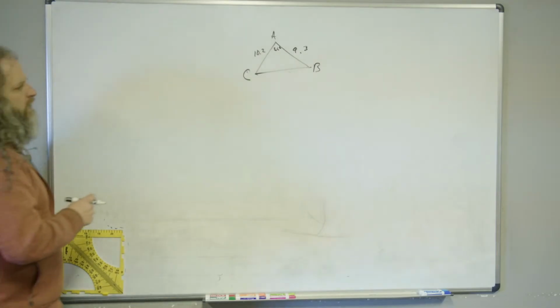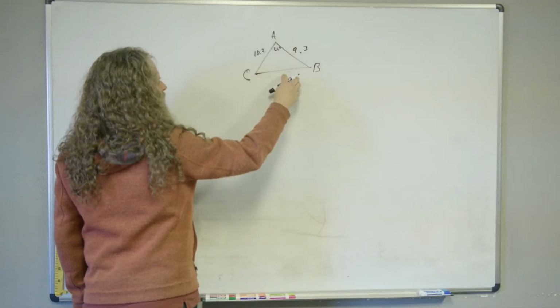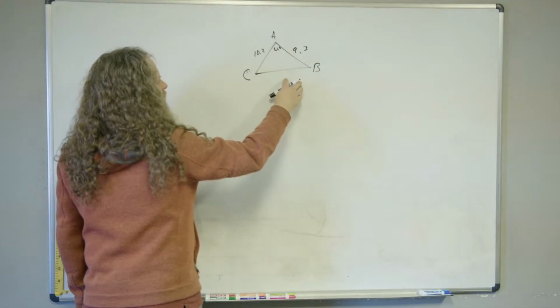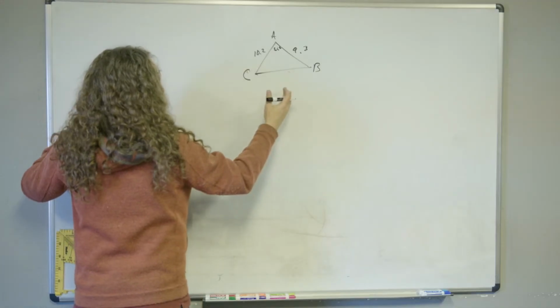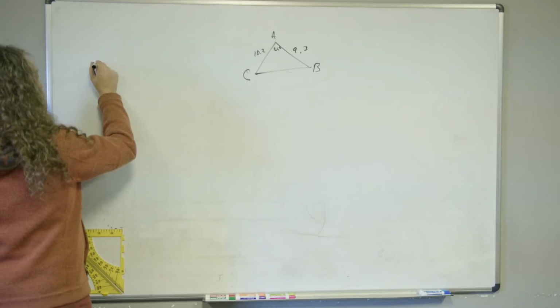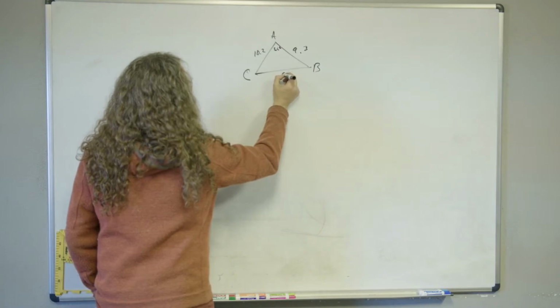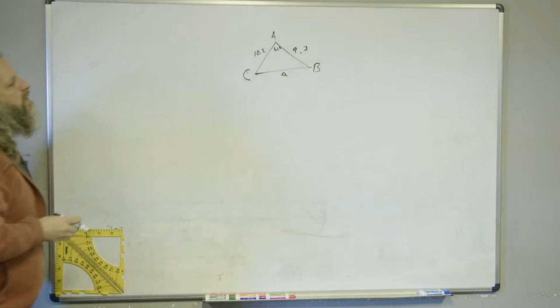The group that goes together will be this 26 with this side CB. Those are the ones that go together on the ends. Let's label this as side A. It's going to make our life a little easier.